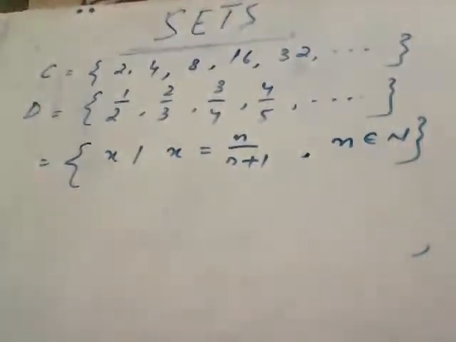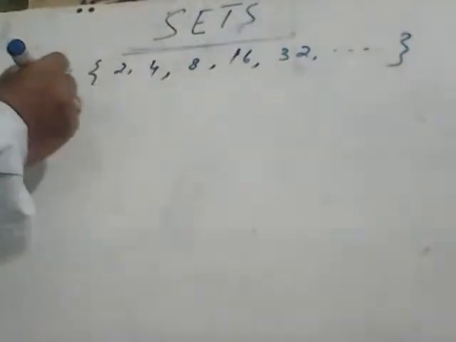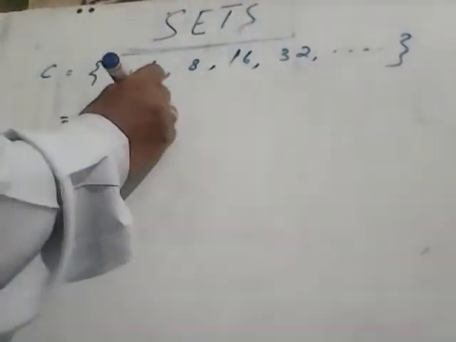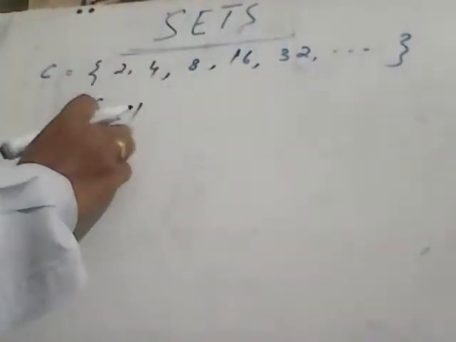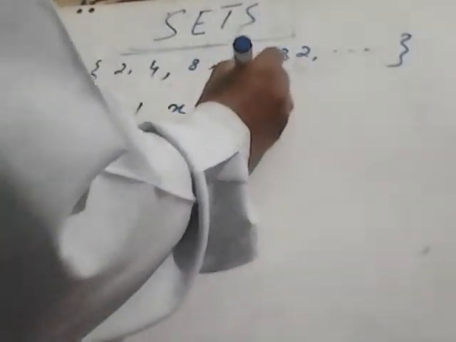Now I'll proceed to C. After writing D, I will proceed to set C: 2, 4, 8, 16, and so on. You can write x such that x equal to 2 to the power n.